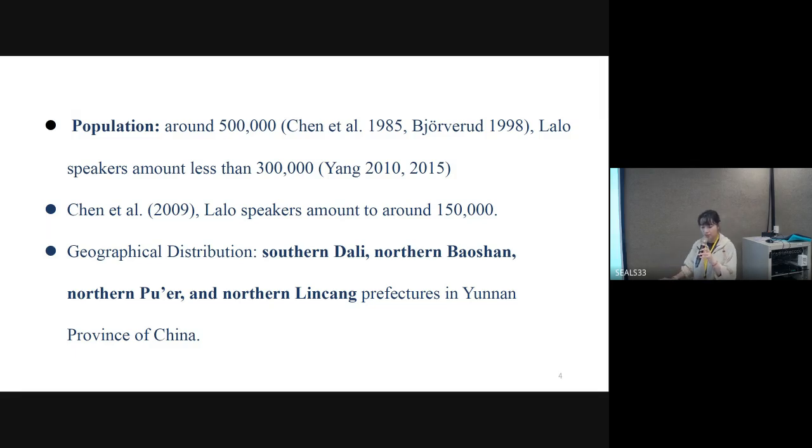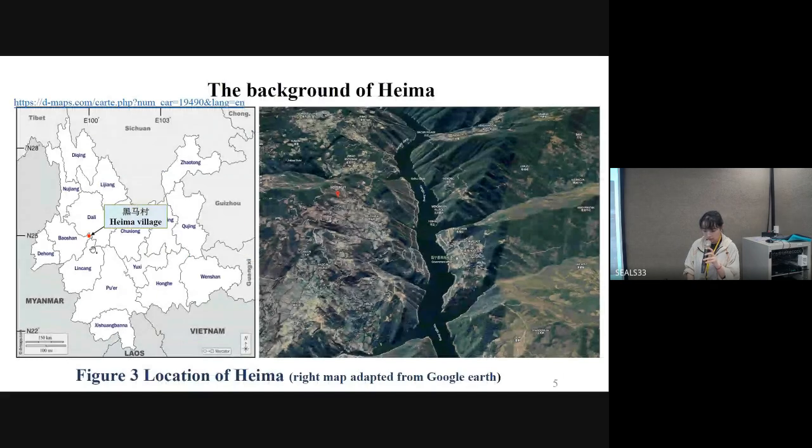I don't know how many speakers still speak their mother tongue. Many Lalo speakers are mostly distributed in this area: North Lincang, Northern Pu'er, Southern Dali and Northern Baoshan area.